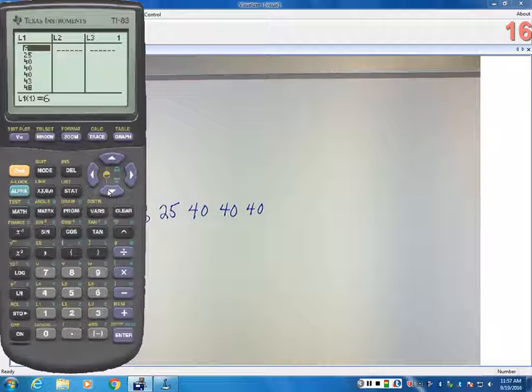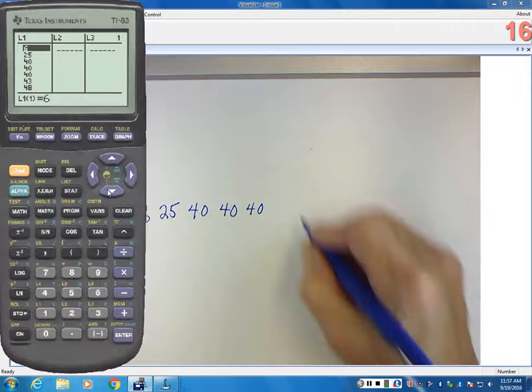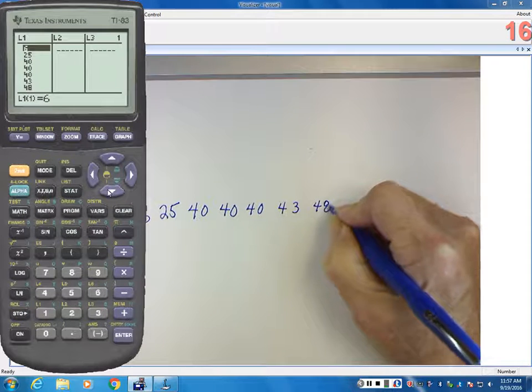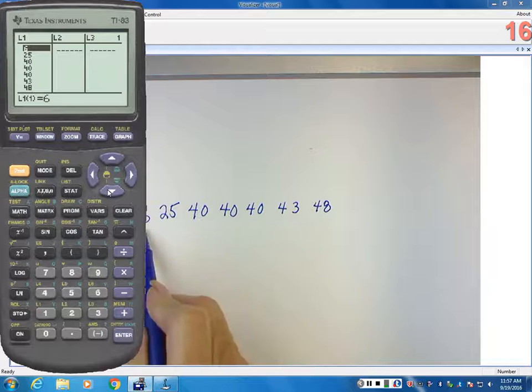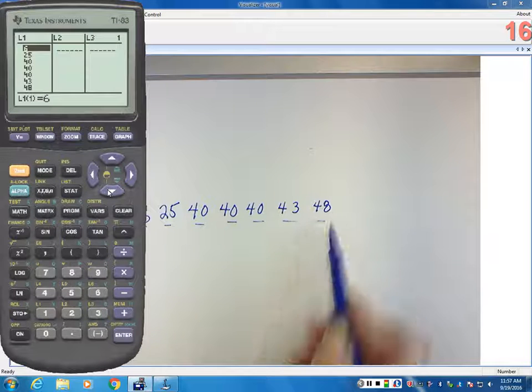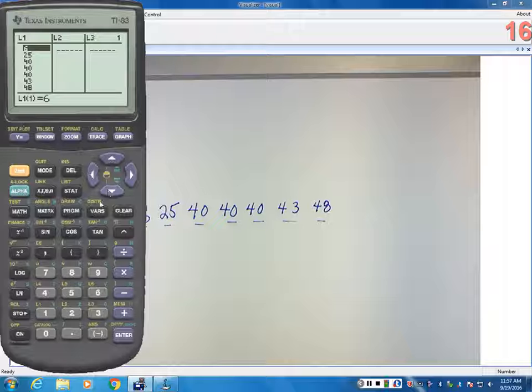And then we have 43 and 48. So that's 1, 2, 3, 4, 5, 6, 7. I only have one more in my lower half. And that's going to be 57.